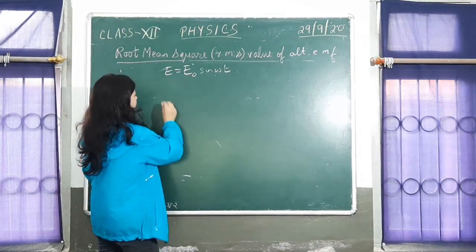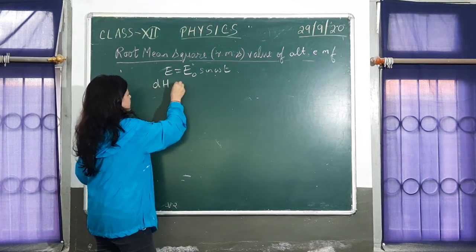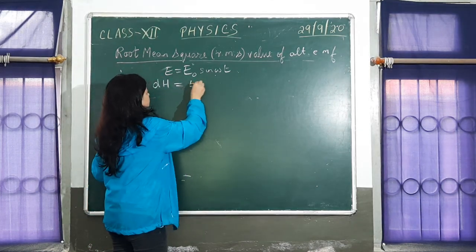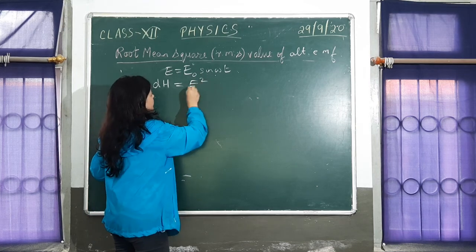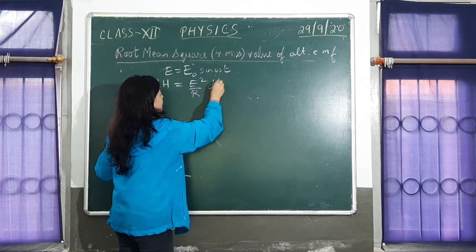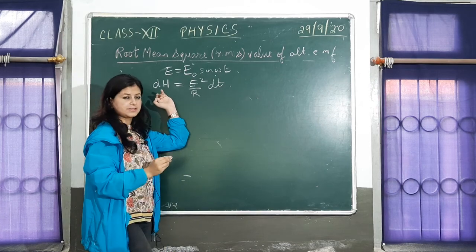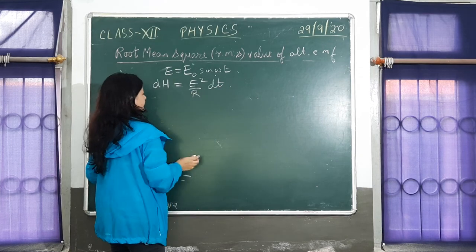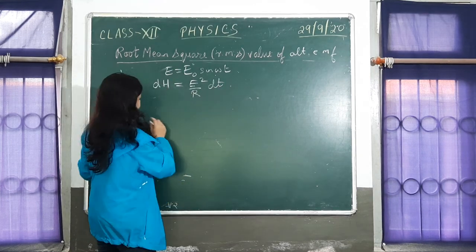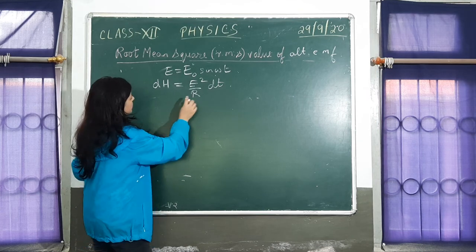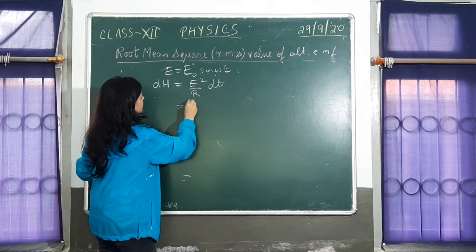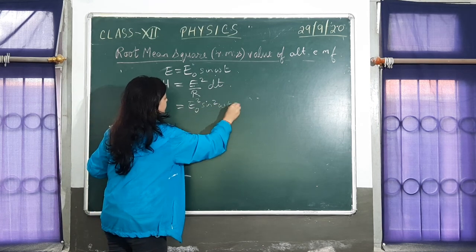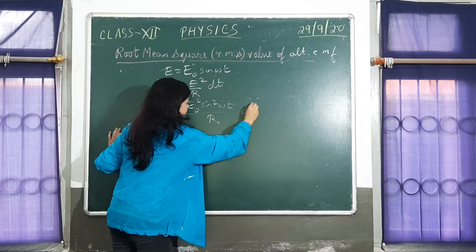Now the amount of heat produced in a small time interval dt is given by dH, that is equal to E square by R dt. That is the formula for heat or energy related to the EMF, isn't it? That is E square into time divided by the resistance. Now instead of this E, we can write E naught square sine square omega t divided by R dt.